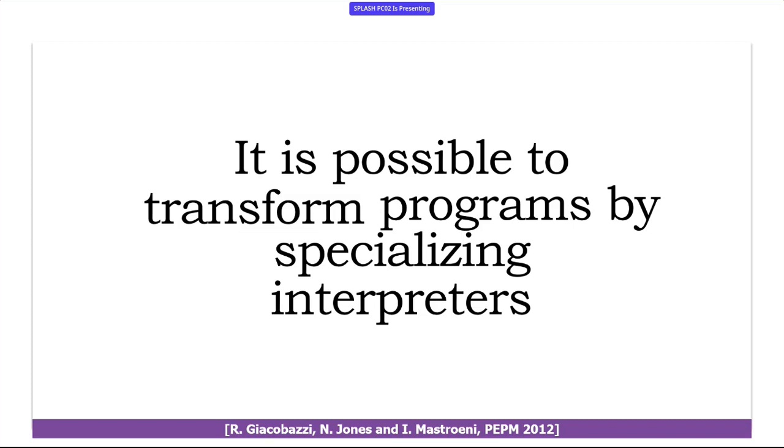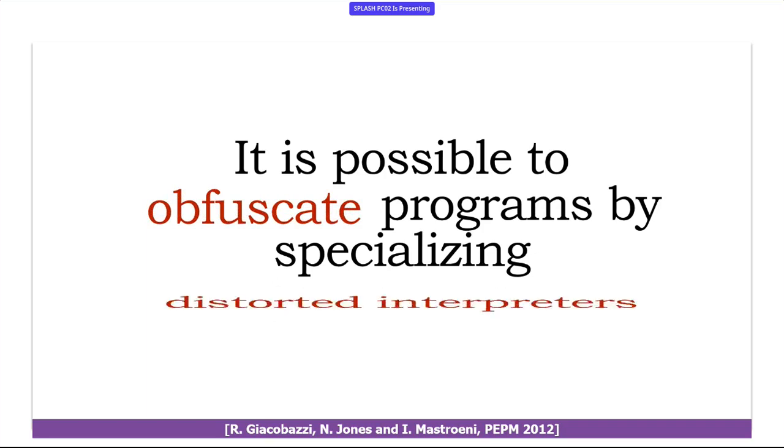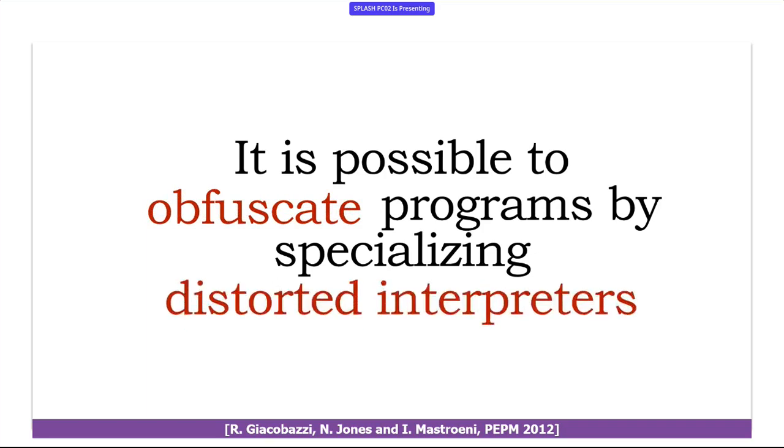This is because the specialized program inherits the syntactic structure of the interpreter, while keeping the same semantics of the original program. So we can obfuscate programs by specializing interpreters that have been distorted, transformed, in order to induce incompleteness of an observation of the program.